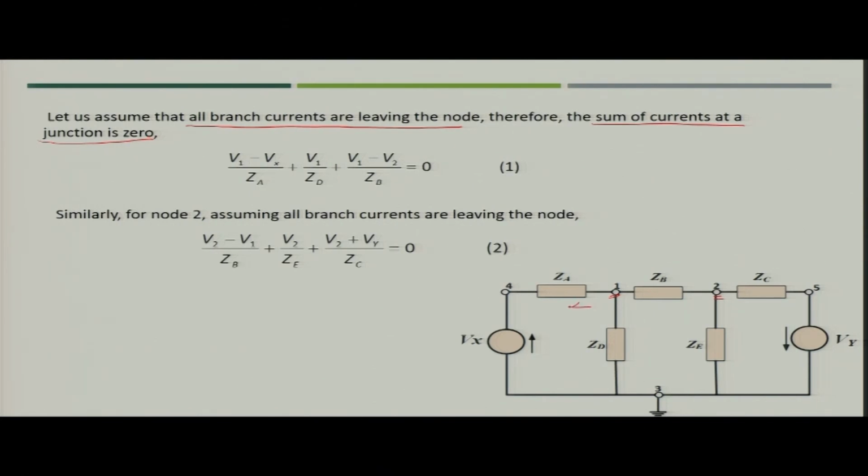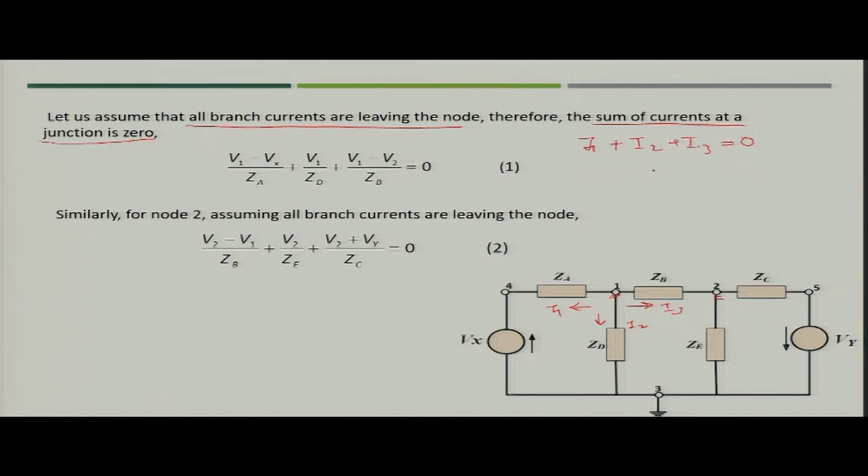You can say these are the 3 currents, maybe I1, I2 and I3. So, I1 plus I2 plus I3 would be equal to 0.